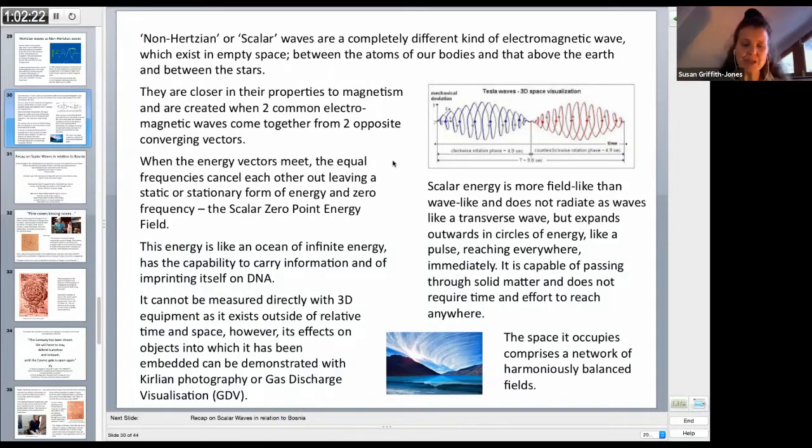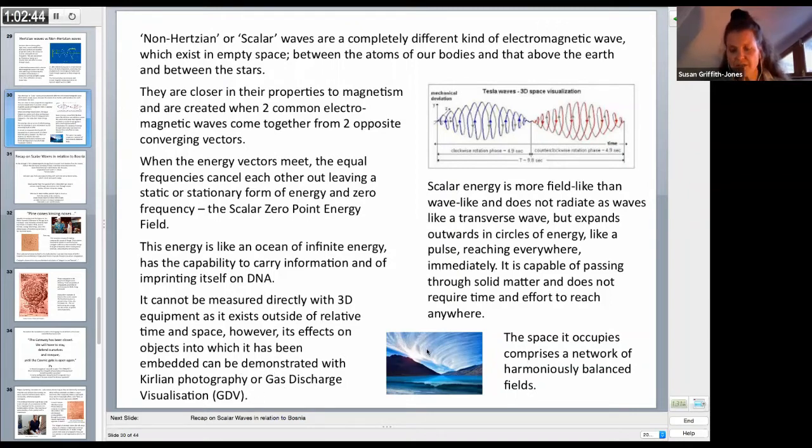It cannot be measured directly with 3D equipment, as it exists outside of relative time and space, they say in the fifth dimension. However, its effects on objects into which it has been embedded, which I demonstrated in this picture here, can be demonstrated with Kirlian photography or gas discharge visualization.